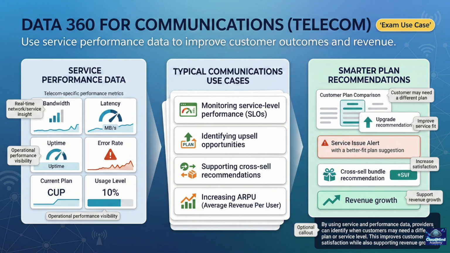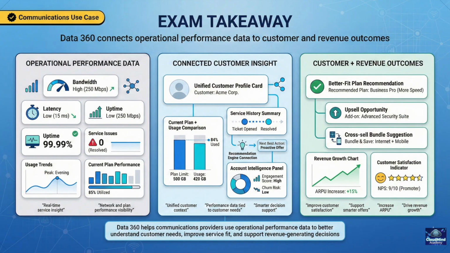By using service and performance data, providers can identify when customers may need a different plan or service level. This improves customer satisfaction while also supporting revenue growth. Exam signal. Data 360 helps communications providers connect operational performance data to customer and revenue outcomes.